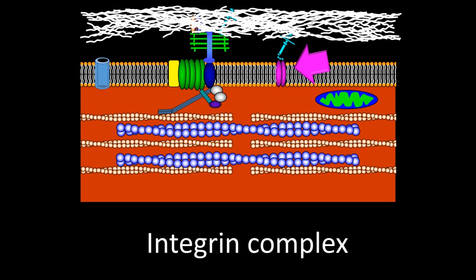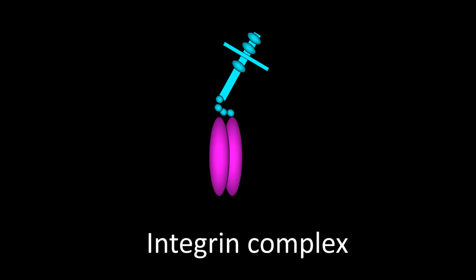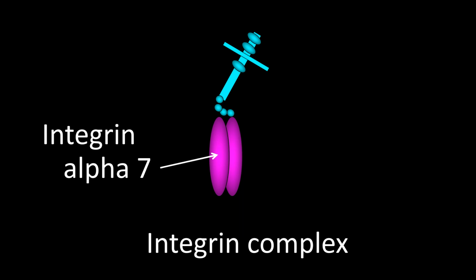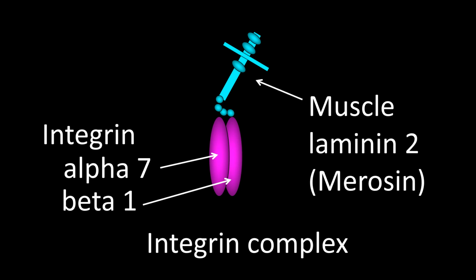Now let's look at the other anchoring structure, which is called the integrin complex, which I have isolated in this frame and now enlarged. This complex protein is made of integrin alpha 7 and beta 1 and merosin.